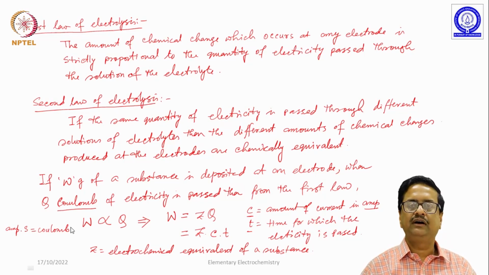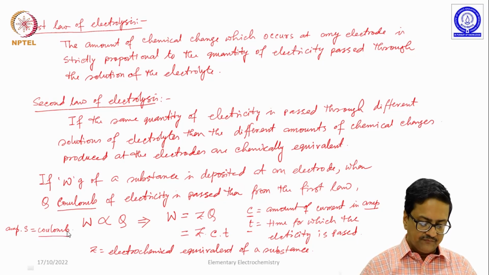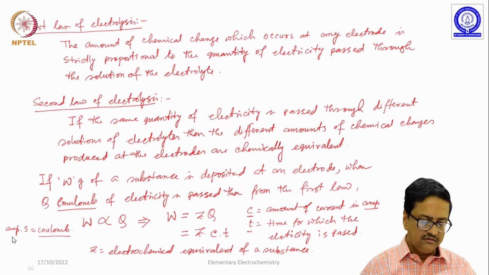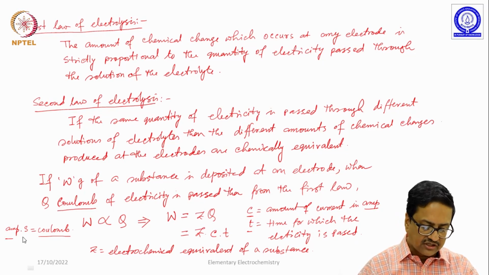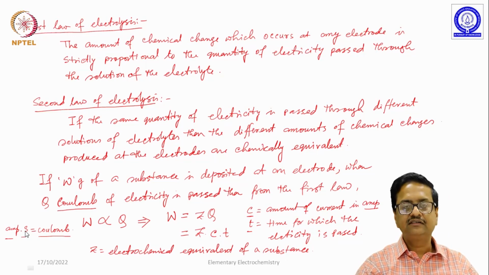So you have the unit of mass multiplied by the unit of acceleration, you get the unit of force. Similarly here the quantity of electricity is measured in coulomb, and that is calculated based on the amount of current passed, in terms of ampere, and the unit of time is second. So you can easily calculate, if you are given what current is passed for how much time through a solution, then you know what is the amount of electricity that is passed.